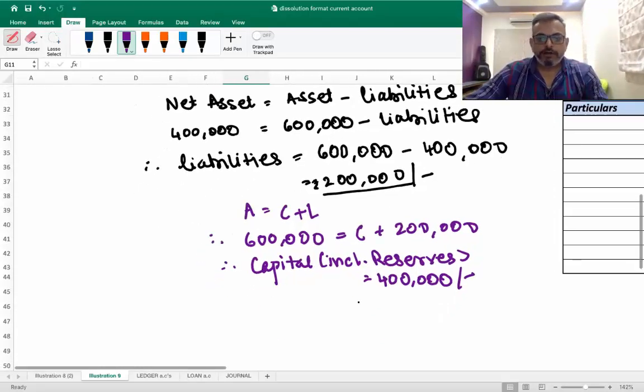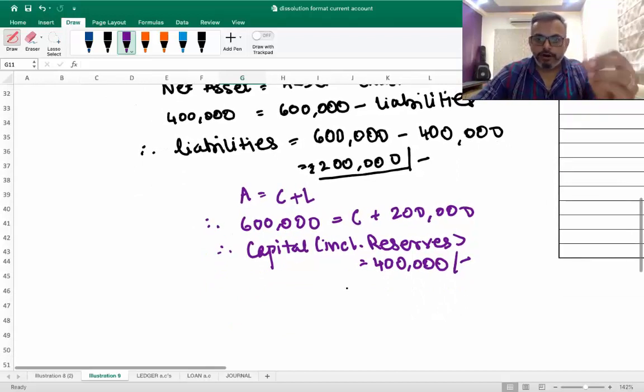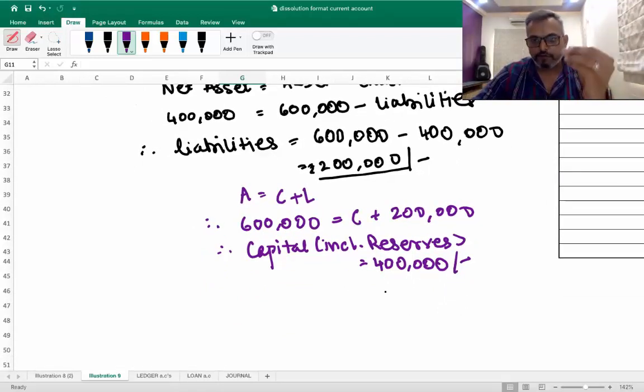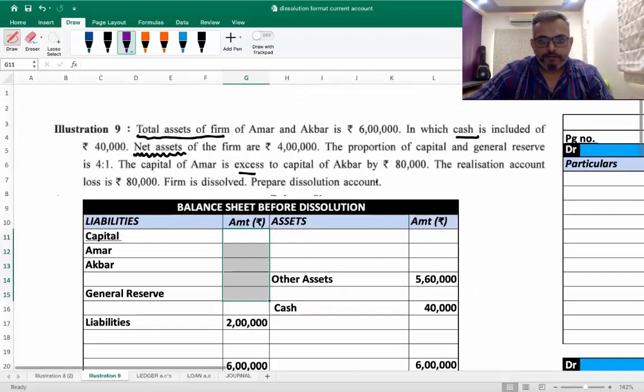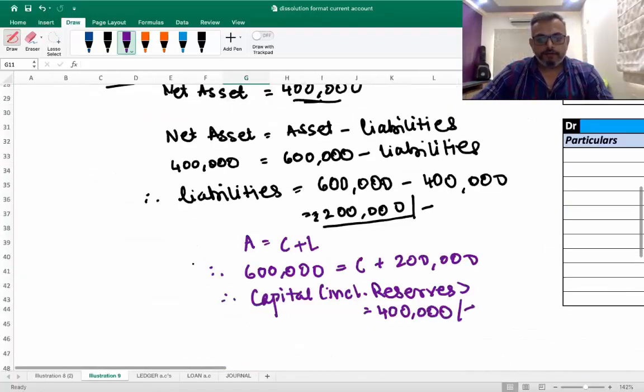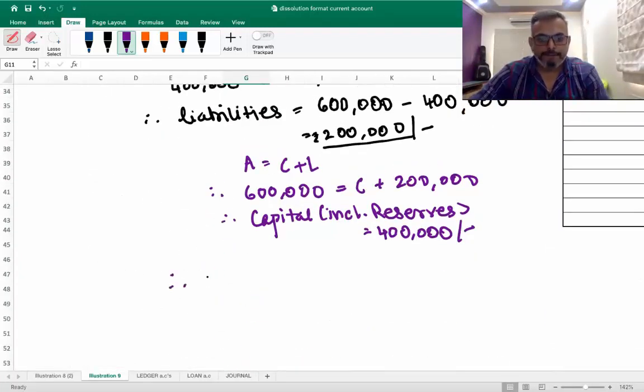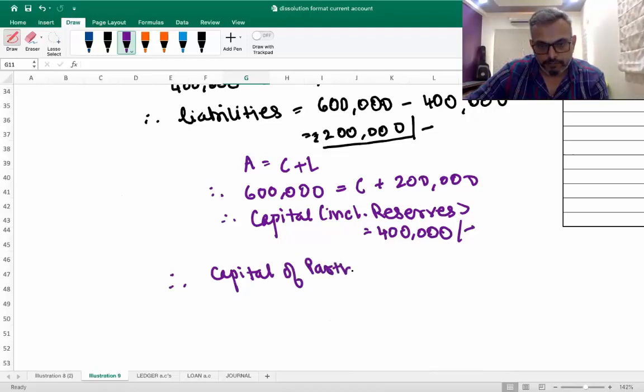Now we have got total capital, the owners' fund, that is capital plus reserves, 4 lakh, but here it is said that the proportion of capital and general reserve is 4:1. So therefore we find what is the actual capital. So capital of partners is equal to 4 lakh into 4 by 5.